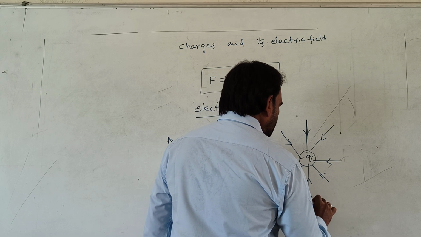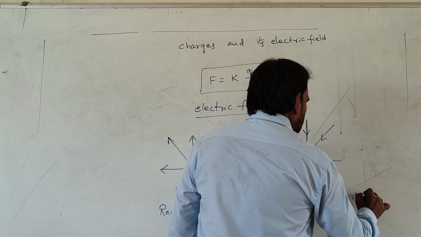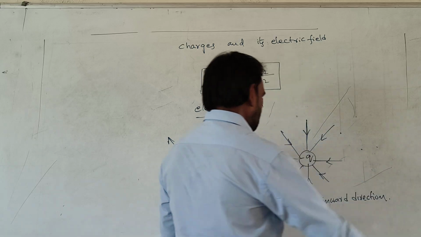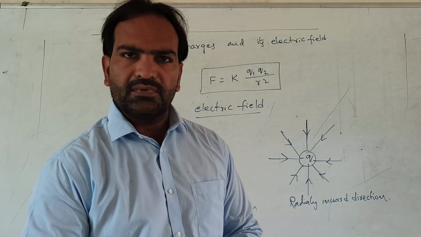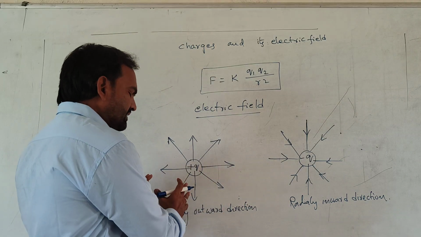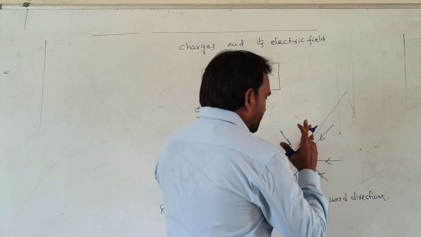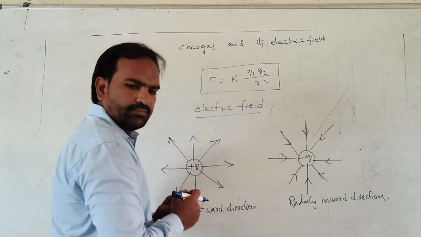So charges create electric field around themselves. Okay, students. Positive charges radially outward and negative charges radially inwards.